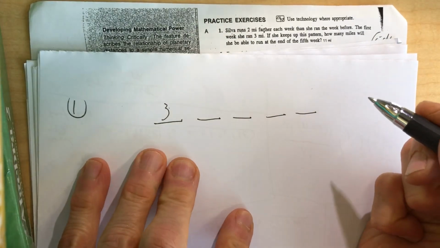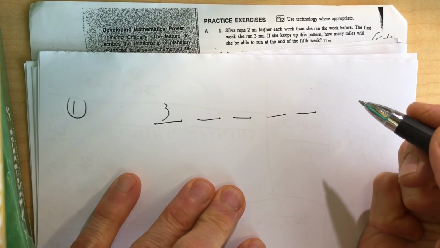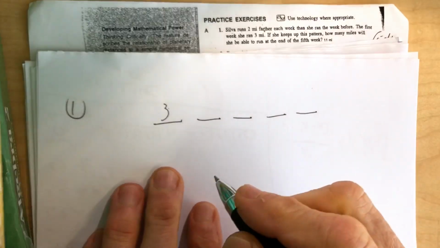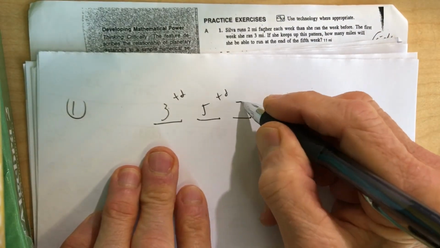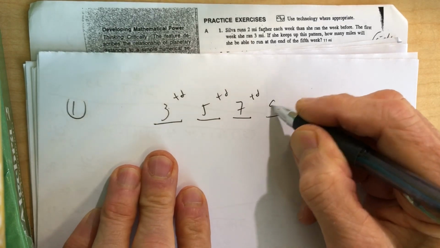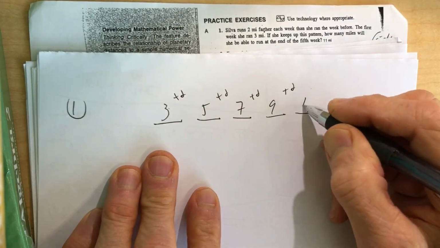And if I said, I ran 2 miles further than you, and you ran 5 miles, I know you wouldn't say I ran 10 miles, you'd say 7 miles. Yes, it's plus. So you take the plus 2 to 5, plus 2 is 7, plus 2 is 9, plus 2 is 11.